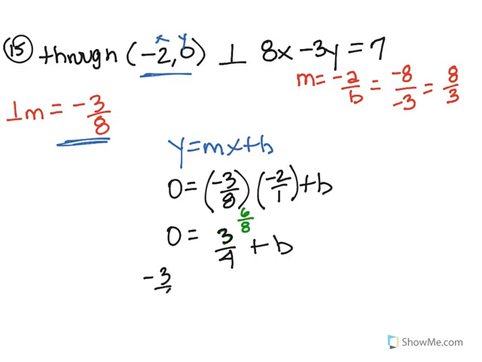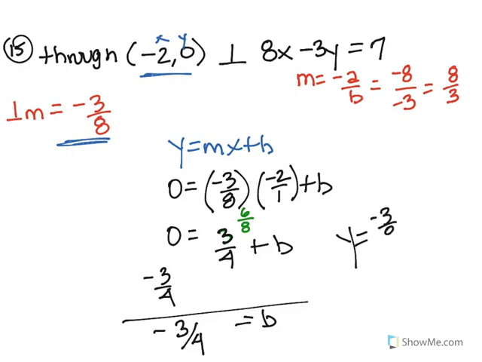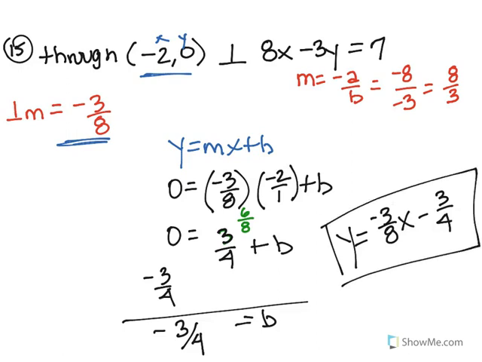And you're going to subtract 3/4 from 0, which is just a negative what? Negative 3/4. Good. So our equation would be y equals negative 3 over 8x minus 3/4. Very good. Questions? Okay.